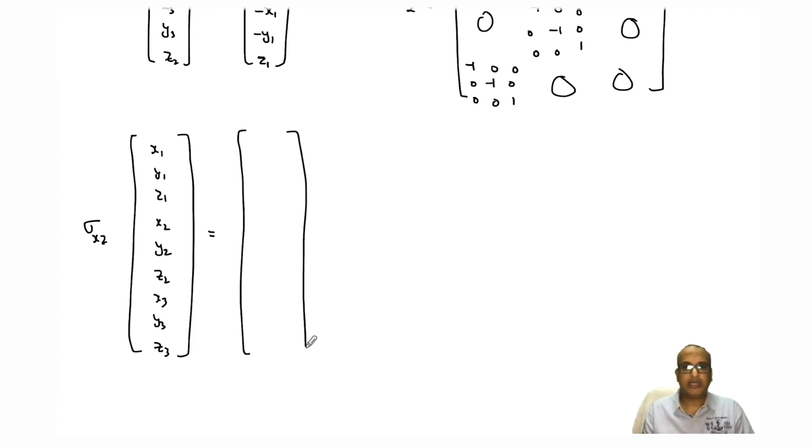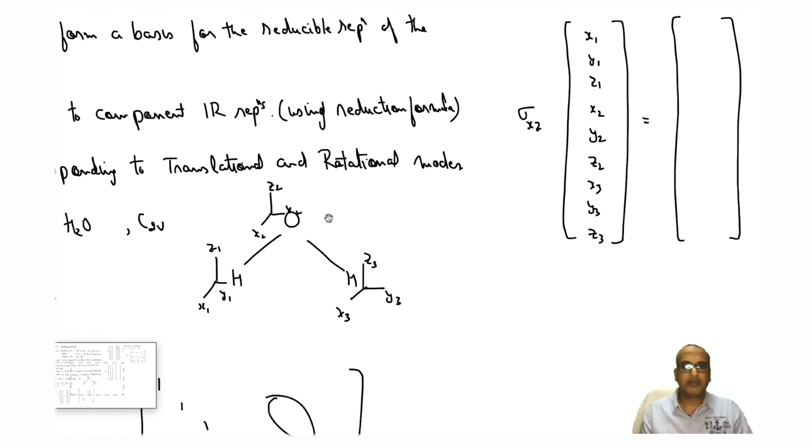Now let's see what is the effect of sigma xz. The effect of sigma xz, which is the plane going through this, is reflecting atom 1 and atom 3. So again, 1 is reflected with 3 and only y changes its sign. X, because the plane is xz, so x and z will not change their sign.